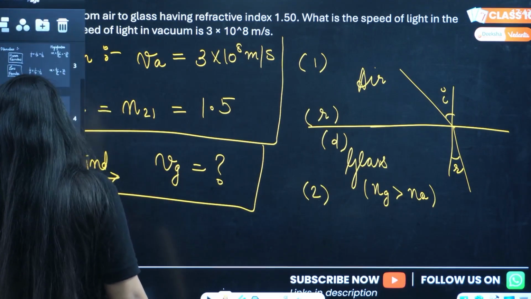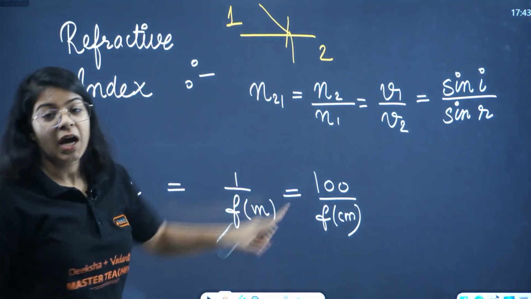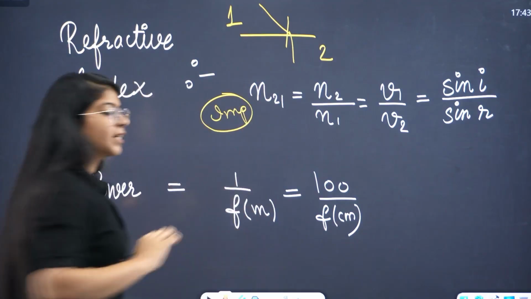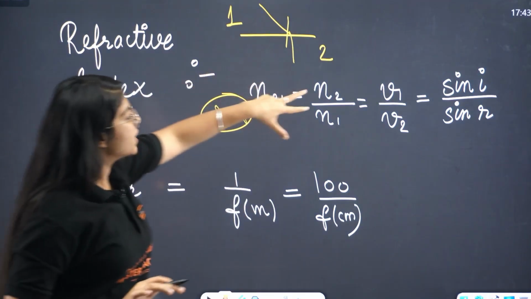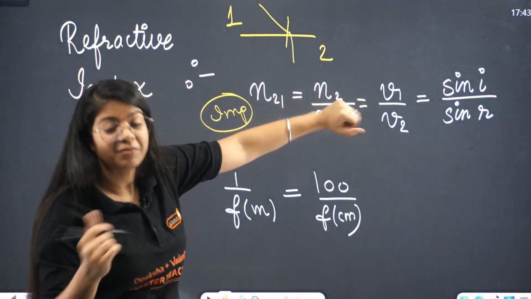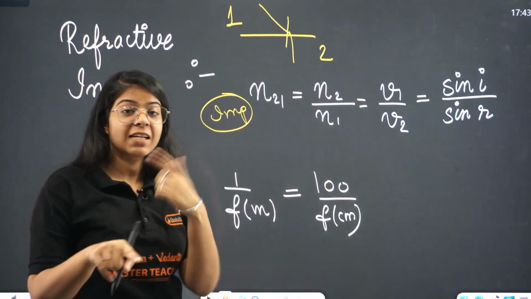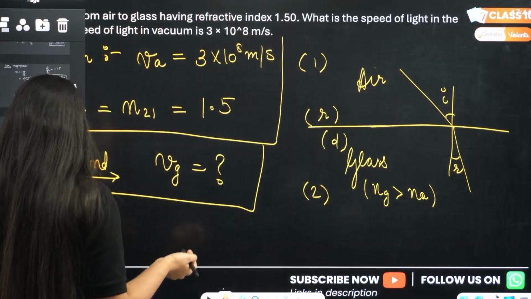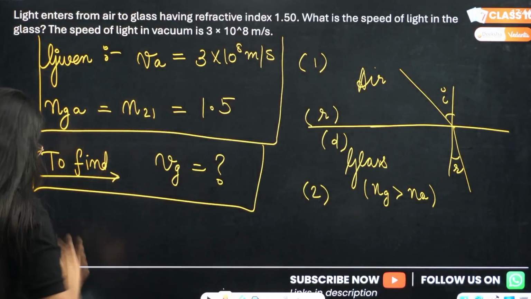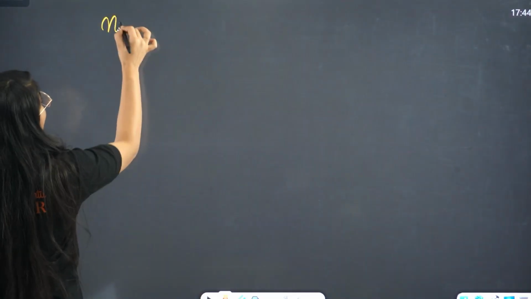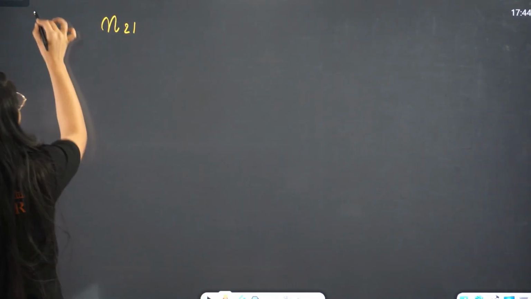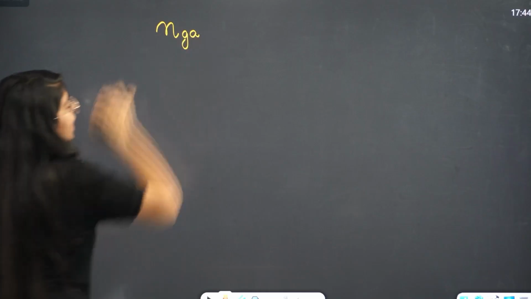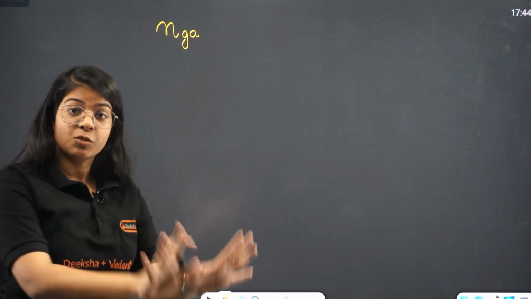Let's go back to a very important formula. This formula is very, very important for all the refractive index topic, all the numericals. Okay. Now see, N2 by N1 equals V1 by V2. We are also talking about refractive index and speed, right? So let's go back to our question. I have N21, that is NGA, the refractive index of glass with respect to air.